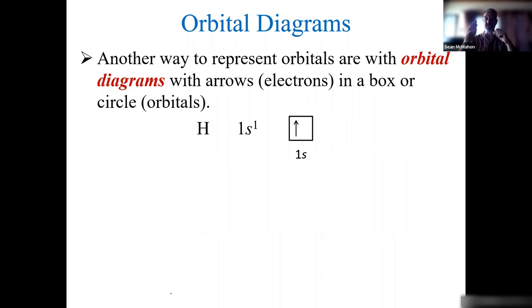The box shows the number of orbitals, the arrow shows the electrons and their spin. And again, each box is an orbital. Each orbital can only have 2 electrons. They have to be opposite spin.